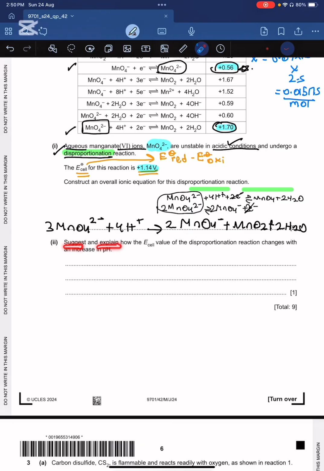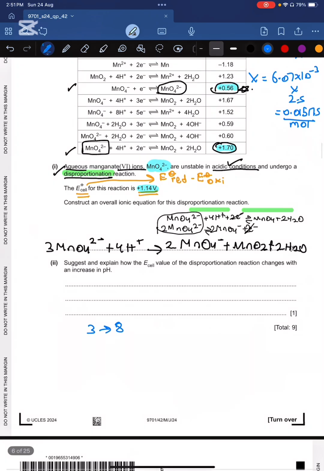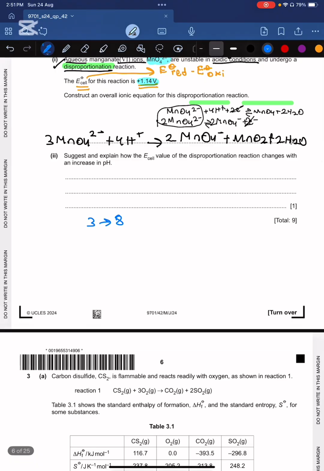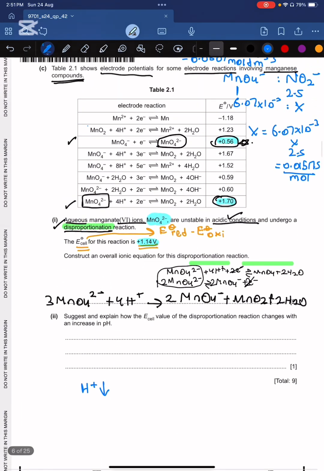Now, this is an interesting question. Suggest and explain how the E naught of cell value of the disproportionation reaction, which is listed above, changes with an increase in pH. You need to understand what happens when the pH increases. Let's say pH goes from 3 to 8, which means that the acidity decreases, correct? Which means that H plus ions decrease. Now, in two of these reactions, H plus ions was only being used here.